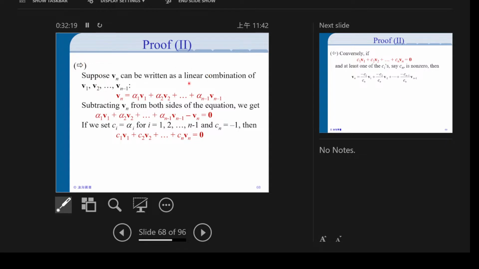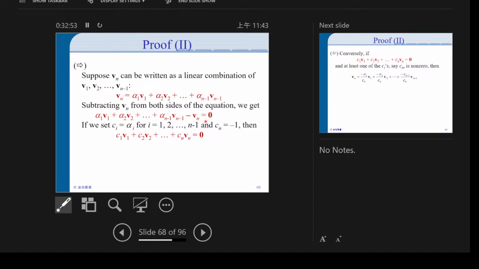So if one of them can be written as a linear combination of others, without losing generality, let's once again assume it's Vn. So Vn is this linear combination, and we can just move all those things back to the left hand side. So I move this to the right hand side and switch left and right. And we have alpha 1 V1 all the way to alpha n-1 Vn-1 minus Vn equal to 0.